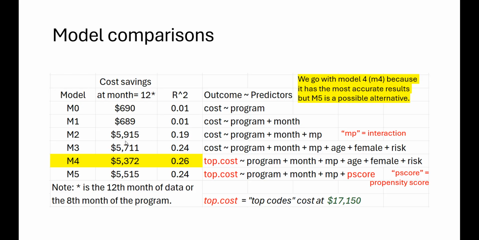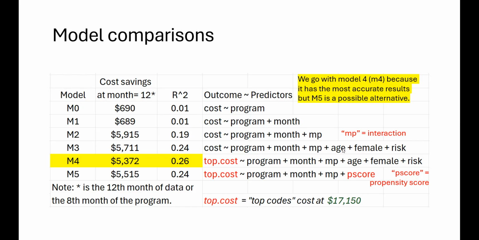We see that cost saving looks more like $5,900. And on the next column over we have our R-square, and it's jumped up dramatically from 0.01 to 0.19. So there's definitely an improvement by adding that interaction. It now reflects more of what we're seeing in the data, and most importantly, it reflects our conceptual model based on our discussions with our clients.